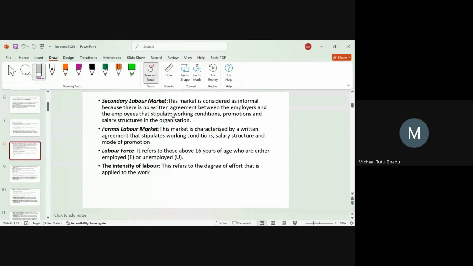When you look at the International Labour Organization, ILO standard, the working class starts from the age of 16, but in Ghana, we know it is 18 years. Okay, there is some conflict or some conflicting issues when it comes to this.